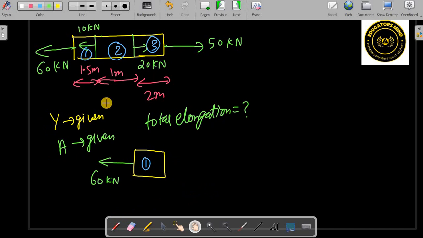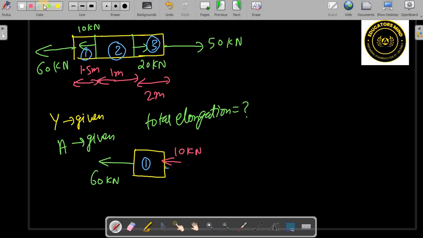If this side is 60 kilonewton, the internal force that must act on this side is also 60 kilonewton. But here you are applying a force of 10 kilonewton this side, isn't it? Resultant this side must be 60.